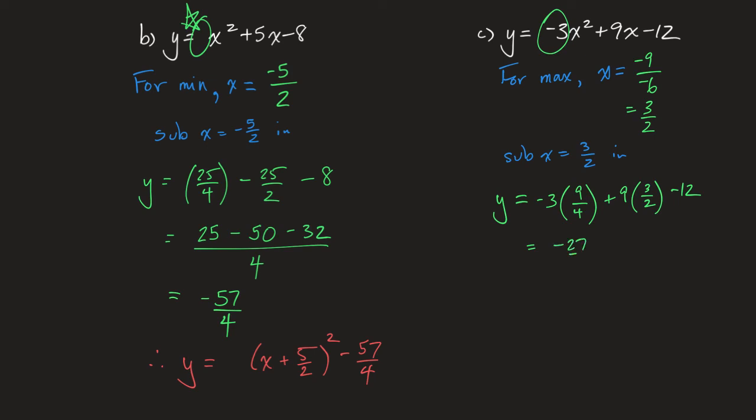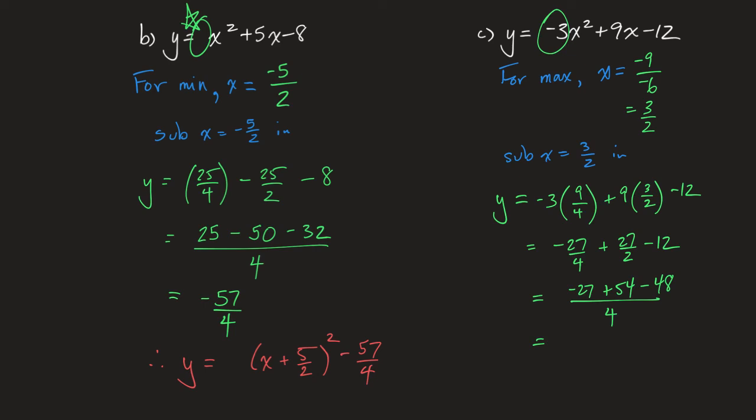So I get a negative 27 fourths plus a 27 halves minus 12. I have the ability to check there that I'm correct and I feel confident. Or when I get my common denominator, I have a chance to check there and I feel really confident. Change the last into fourths and we're good.